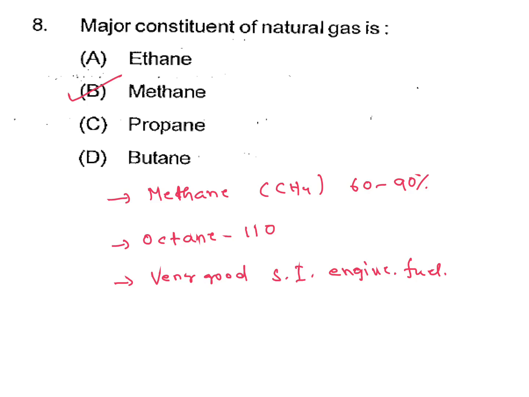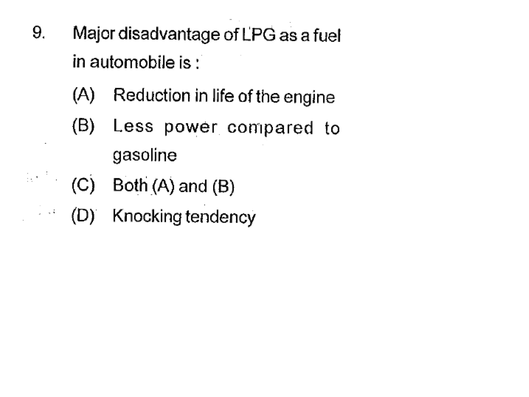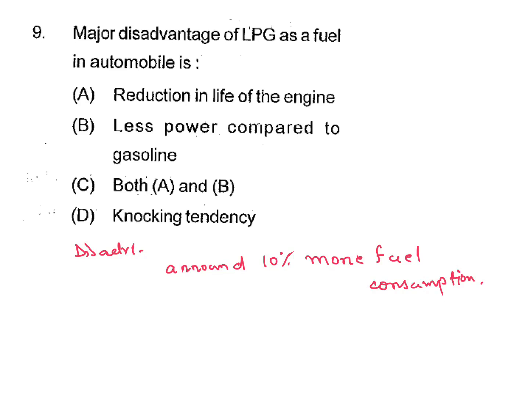Question is, major disadvantage of LPG as a fuel in automobile is: A, reduction in life of the engine; B, less power compared to gasoline; C, both A and B; D, knocking tendency. For LPG, disadvantages are around 10% more fuel consumption, so less power, and its life also reduces.